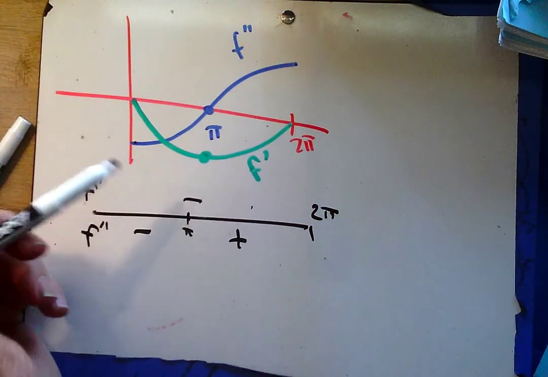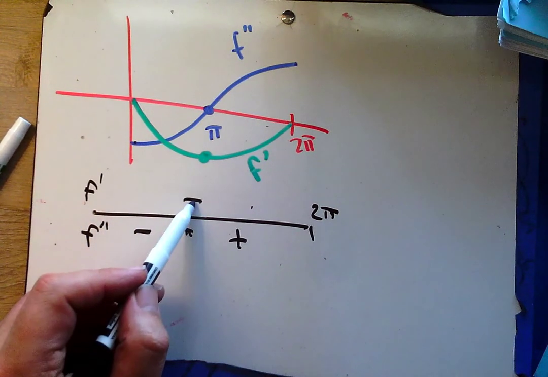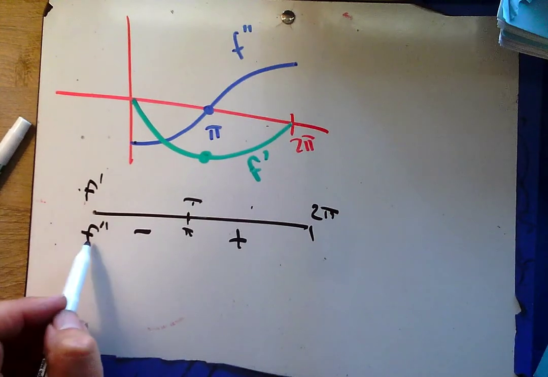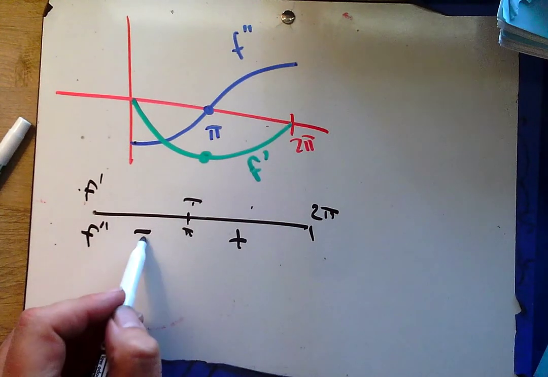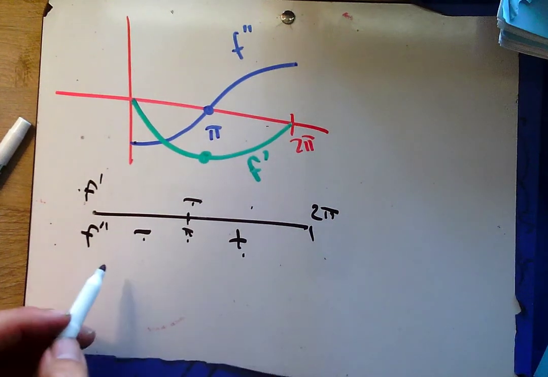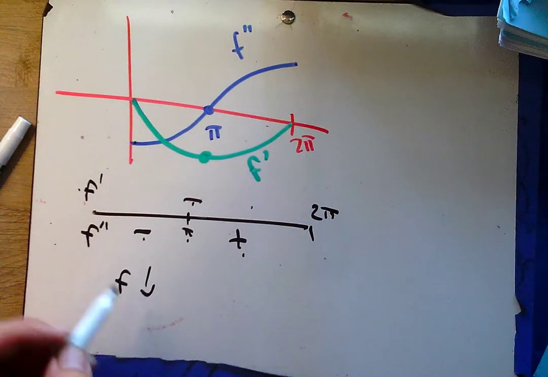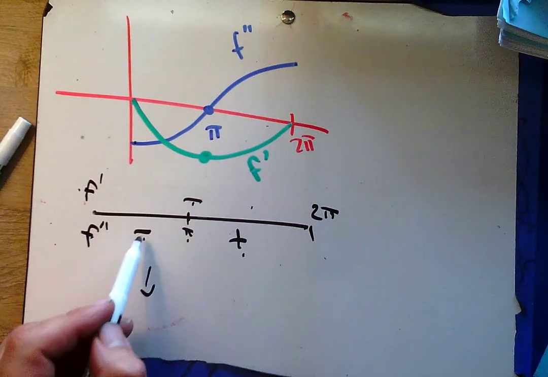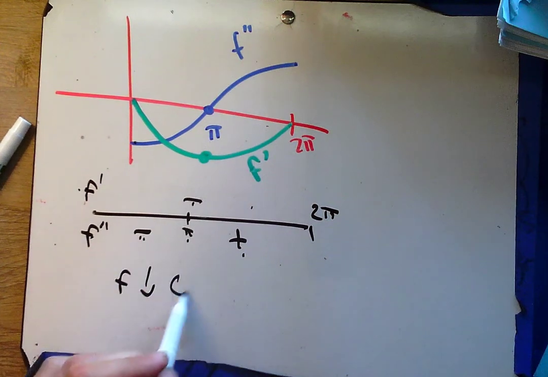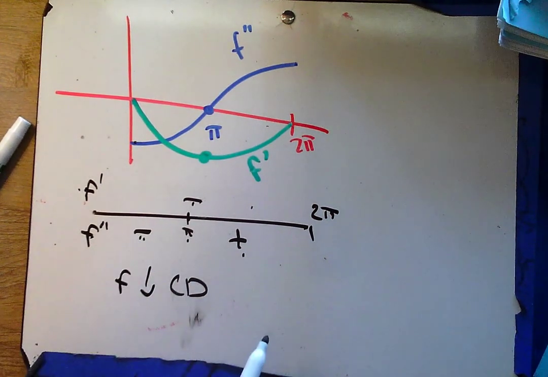Great. Okay. And so f prime is negative means f is decreasing. F double prime, though, is first negative, then 0, then positive. So I guess I want to think about this as f is decreasing, but over here, f is decreasing and concave down, because f double prime is negative.